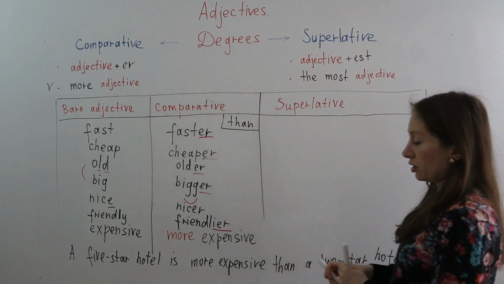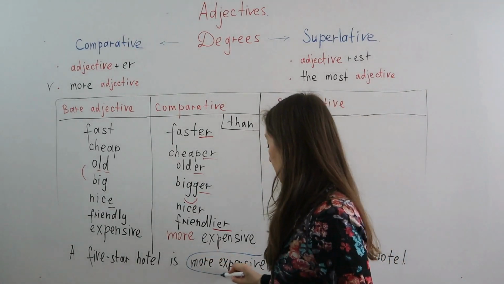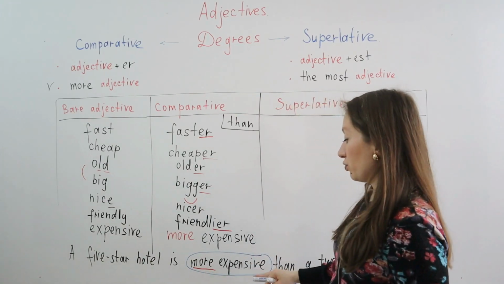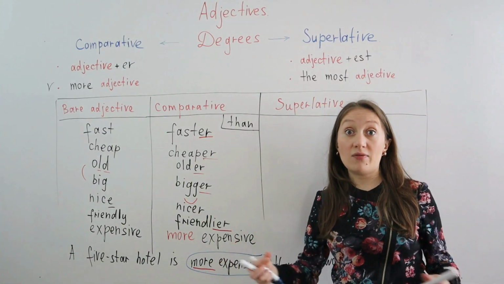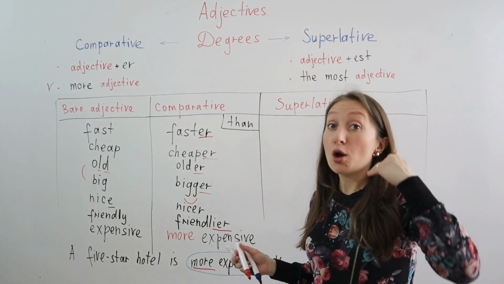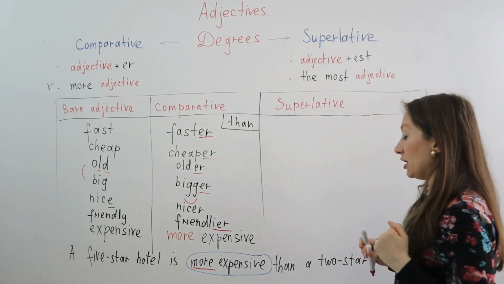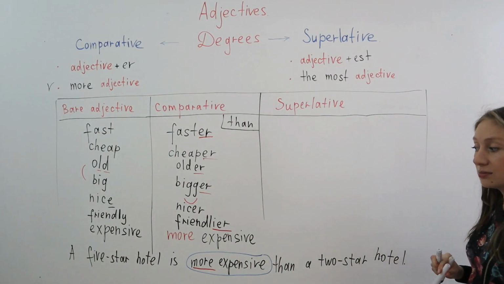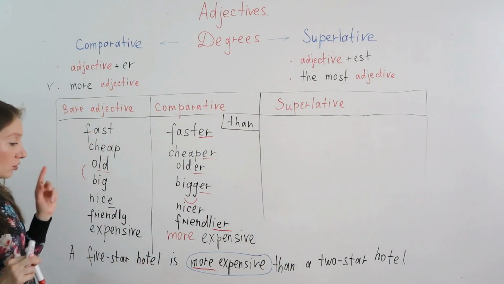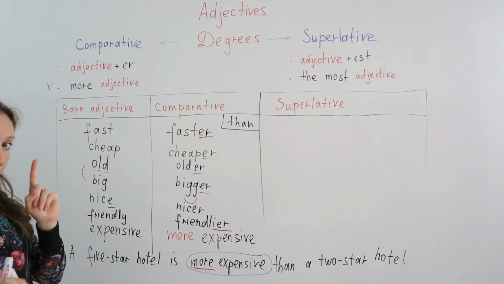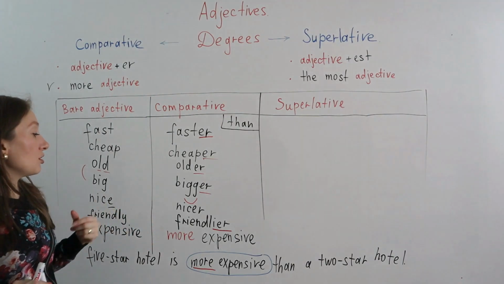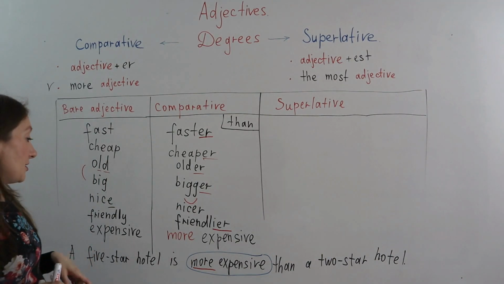So here you see our adjective and we added the word more because it's already a long one, expensive. So a 5-star hotel usually as a rule is more expensive than a 2-star hotel, right? Super easy actually. And now I will give you one more example with this long 3 or 4 syllable adjective.